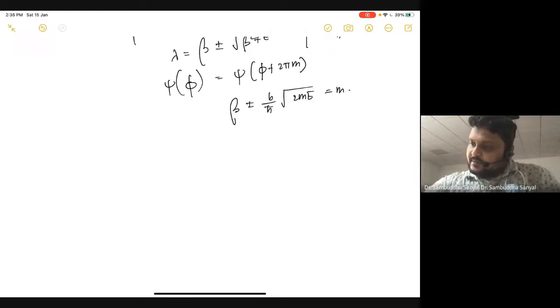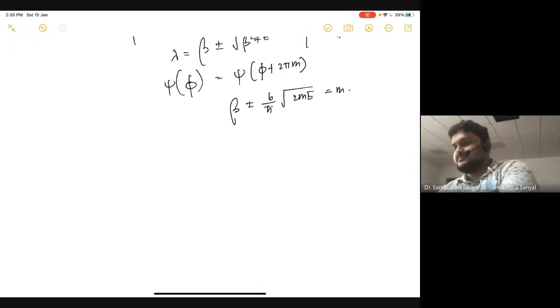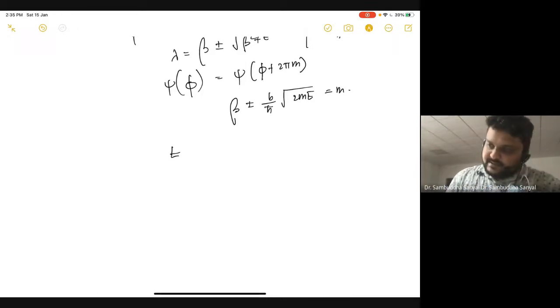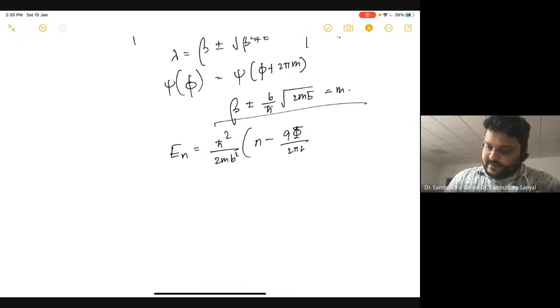So now I have this form. So that means En is h cut square by 2mv square times n minus q phi by 2 pi h bar, all squared.